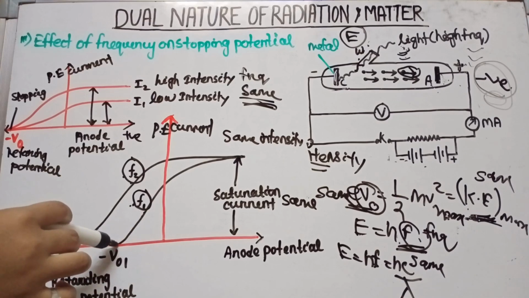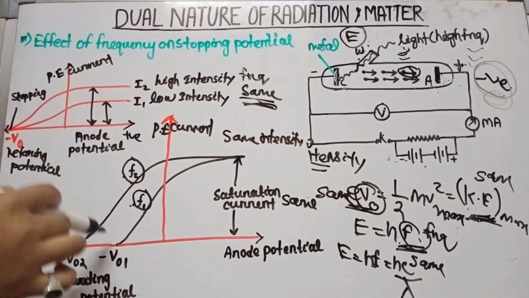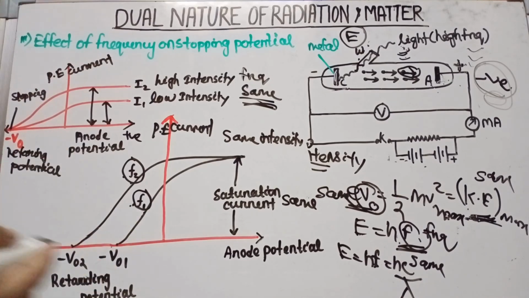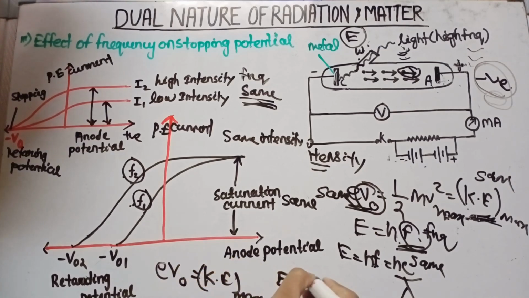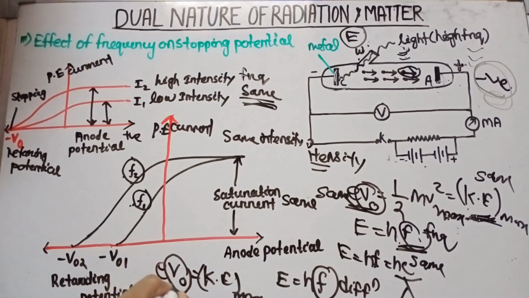Here we got two different stopping potentials. We know that eV0 equals the maximum kinetic energy, and that energy is E equals hf. So the frequency is different, so the stopping potential is also different.